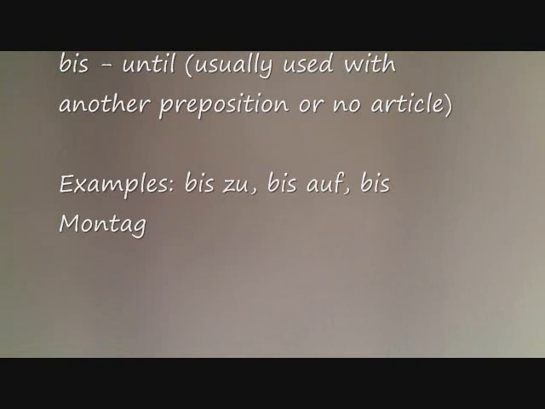And of course, the object will take the case of the last preposition. Or sometimes it will not have any definite article in front of it. Bis Montag, bis Dienstag, until Monday or until Tuesday. So you don't have to worry about that one too much. But the other ones, durch, für, gegen, ohne, entlang, and then bis.